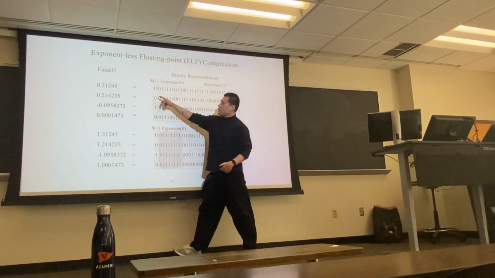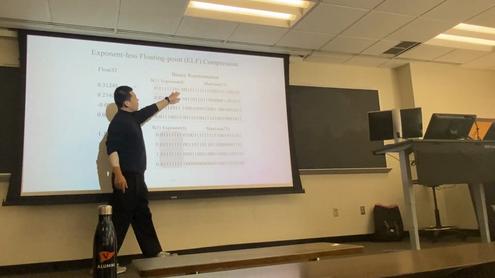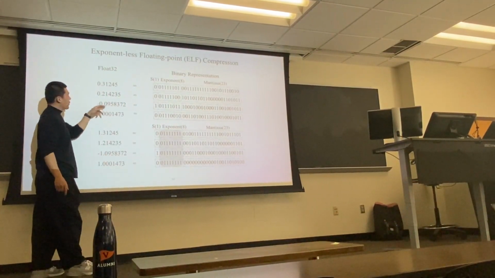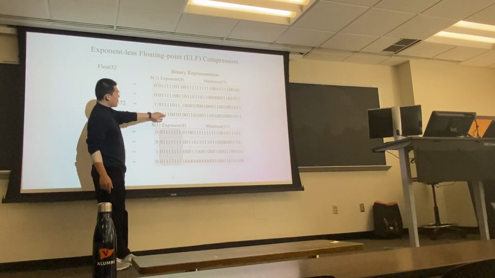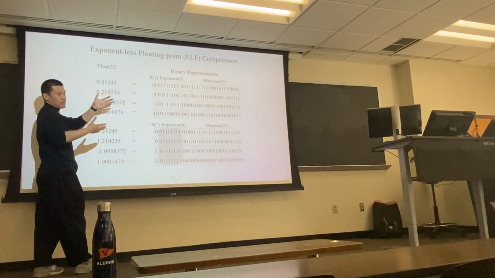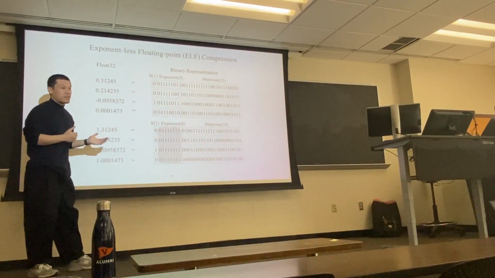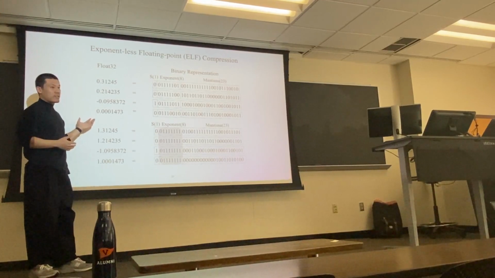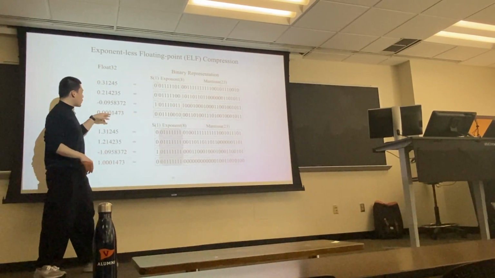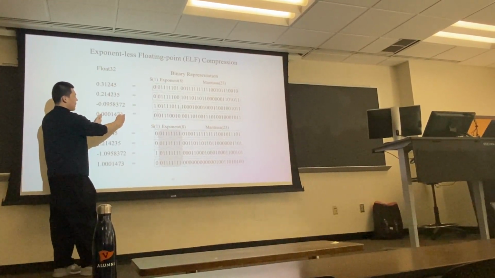Let's use this as an example. Here, the binary representation would be like this, and this number is much smaller than this one, right? And the exponent is different, even though they are only 0 point something. But their exponent is different, just because in the computer system, floating points use 2 as the base. This one has higher precision compared with that one, because the length is long, right?